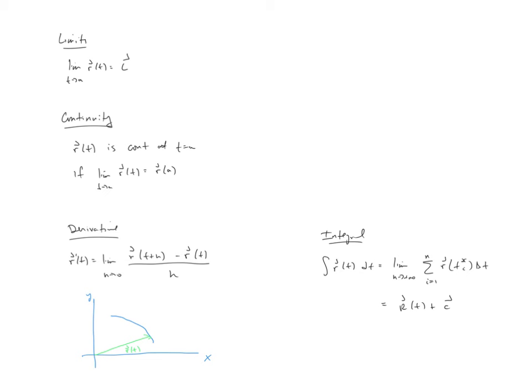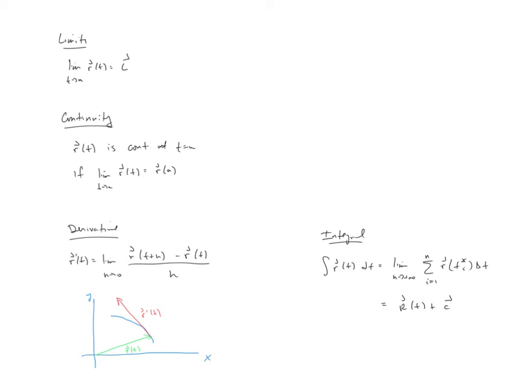What's interesting is when we take the derivative of this guy, we result in a vector, and that vector is going to be the tangent vector to the curve right here at this point. And so let me sketch this in. This guy right here would be our r prime of t.